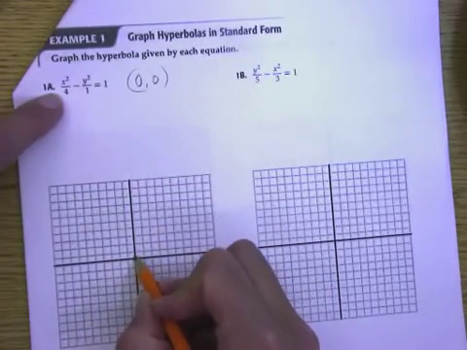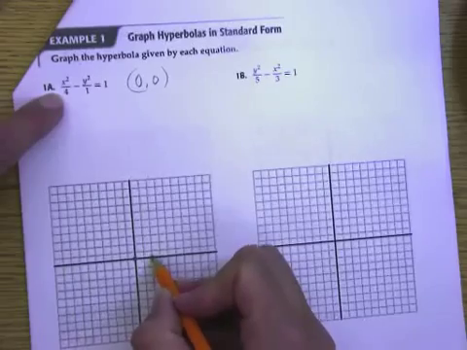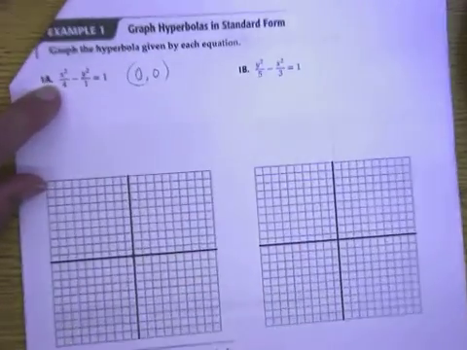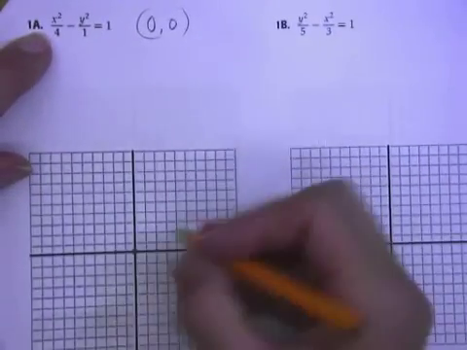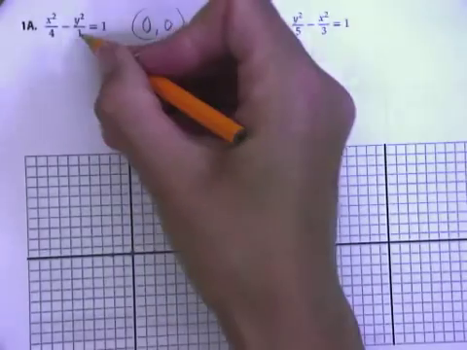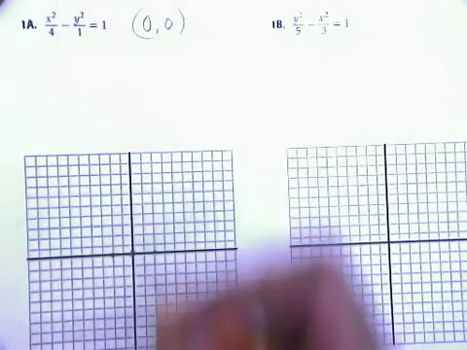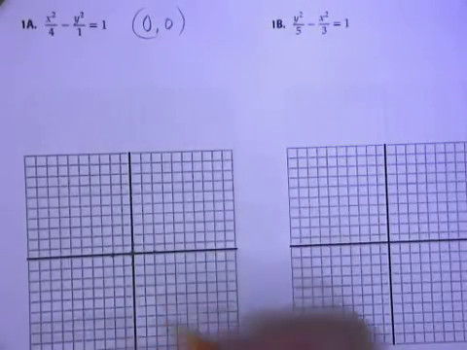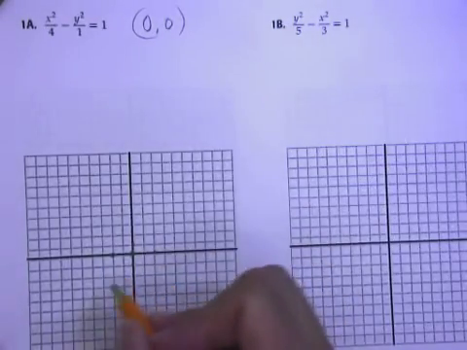So for this a squared value of 4, that means I'm going to go 2 spaces to the right and 2 spaces to the left. And then this b value is 1, so I'm going 1 space up and 1 space down.